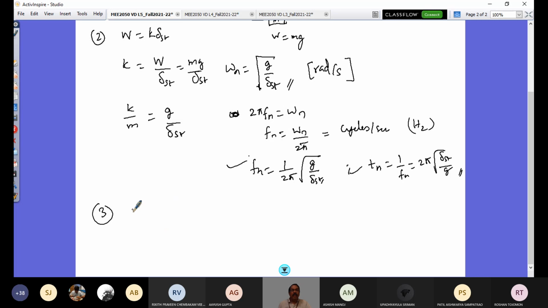And then the third aspect that I'm going to write is the response, whatever we have seen. So x of t can be represented as a1 cos omega nt plus a2 sine omega nt.